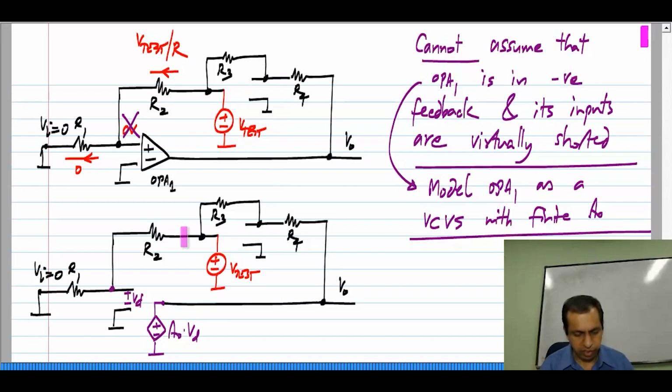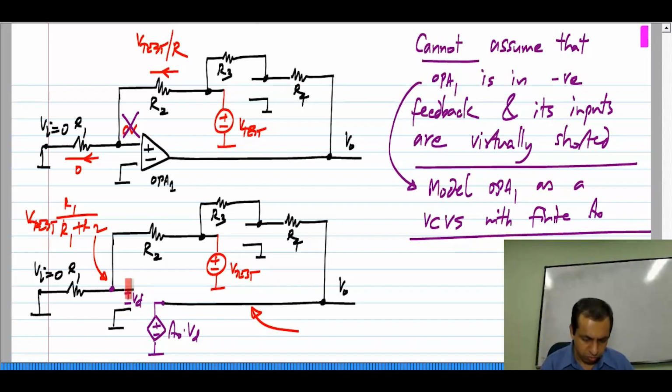So, now I apply V test here, and I have a voltage divider R2 and R1. So, the voltage at this point is V test times R1 by R1 plus R2. So, the voltage here is whatever this Vd is times A naught.